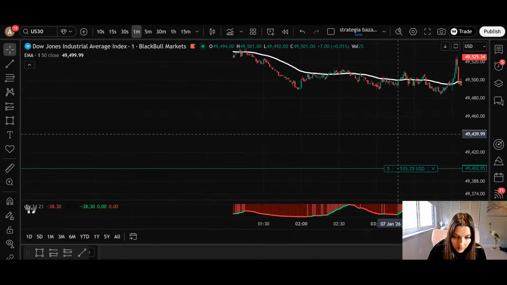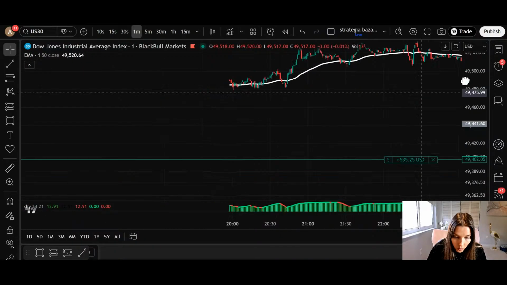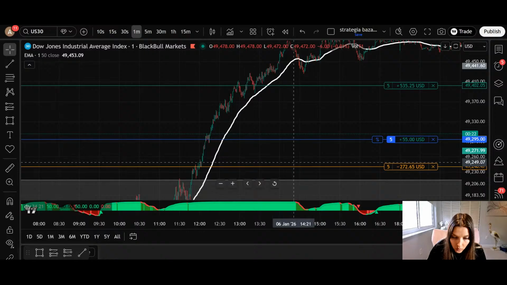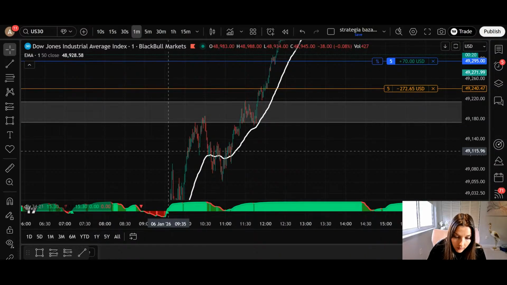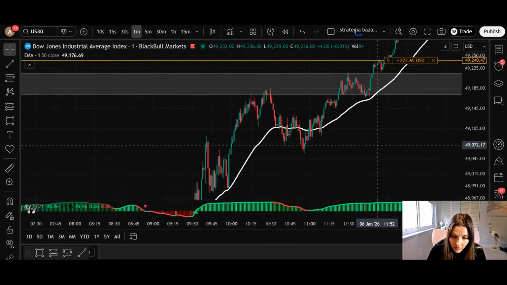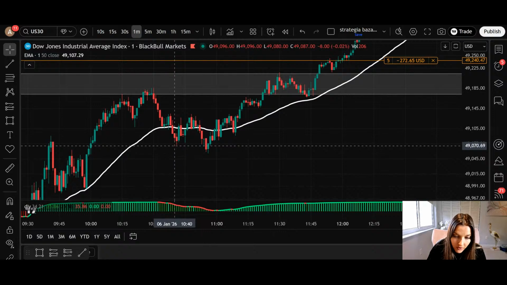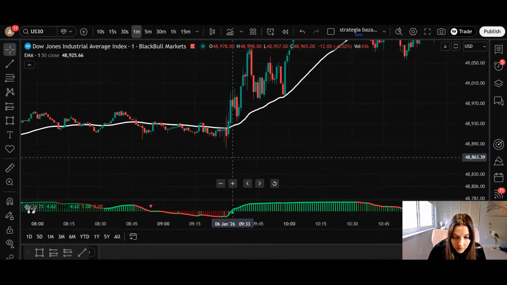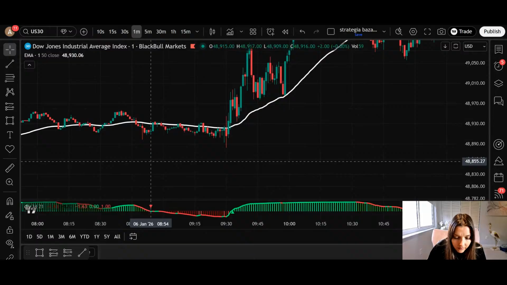Let me see other trades that I took. Do I have any here? Oh, here is a plus, yeah. When did I take a short? I took a short here, but you see I don't have the arrow. Interesting. Very interesting.